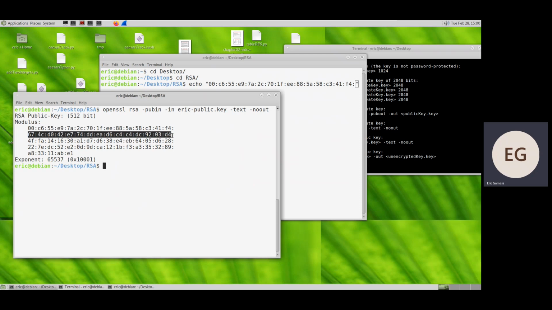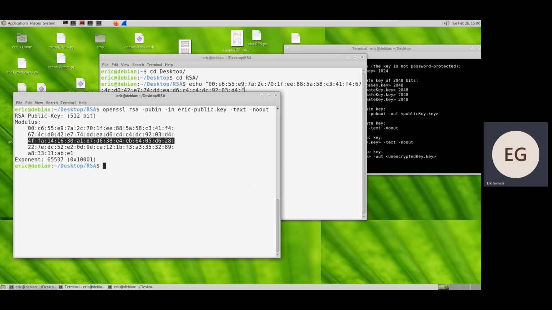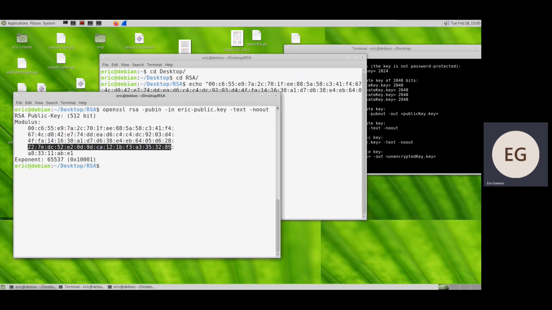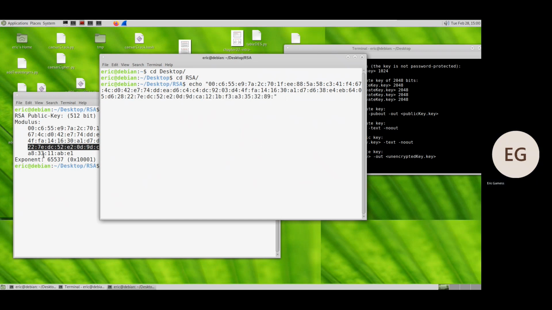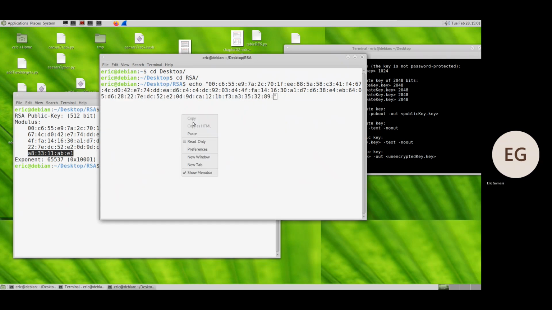Continue here. The screen is not big enough to represent it on only one line, so OpenSSL splits it in several lines so we can see it easily. But as you can see, I just copied it here. And this is the integer. And as you can see, each byte is separated by a colon.